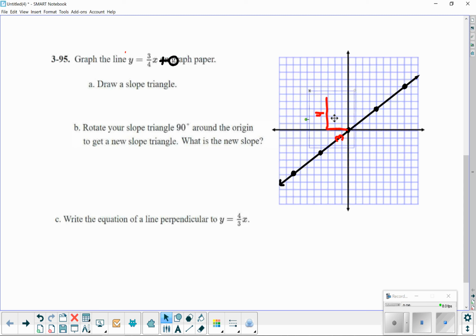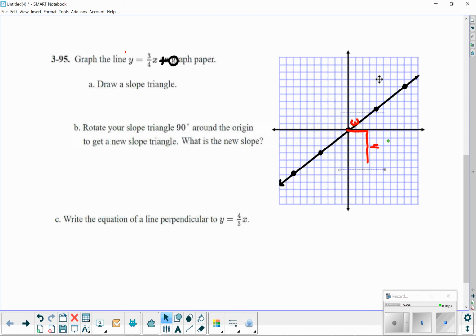So it would be up 4 or down 4, because if I rotate it, this would be down 4 and over 3. If I did it the other way, think about it, it'd be the same thing. If I did a slope triangle, you rotate it around the origin, it'd be down 4 and over 3. So it's the same thing, whichever way you want to rotate it.